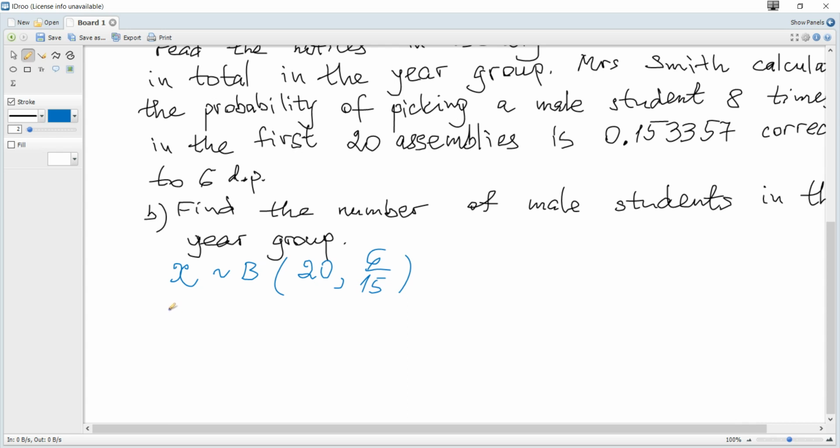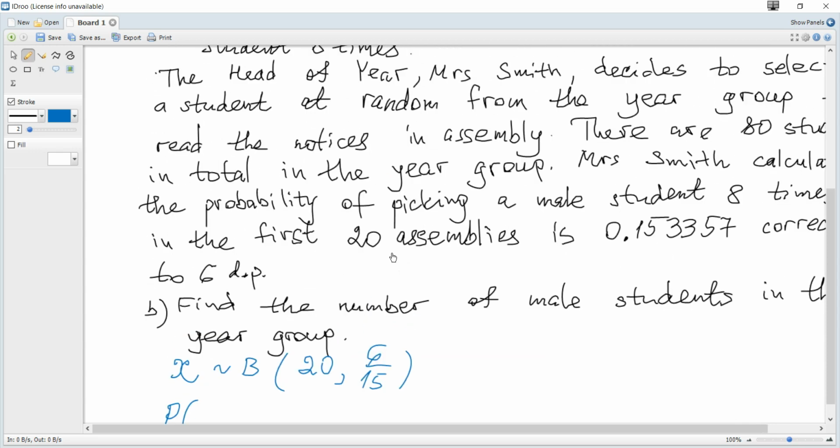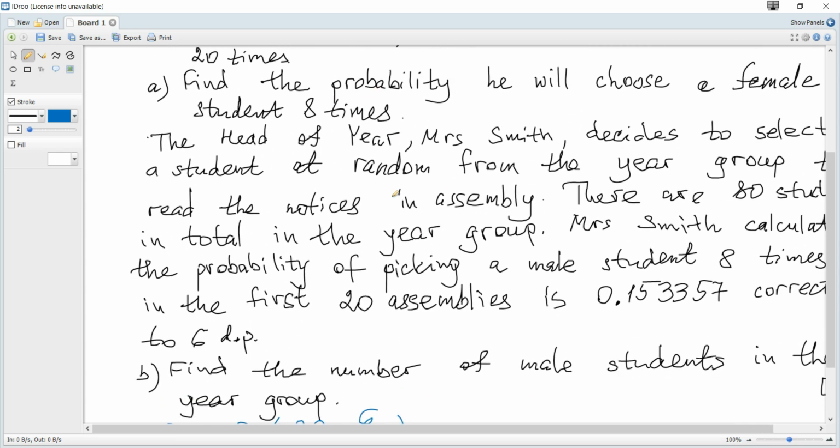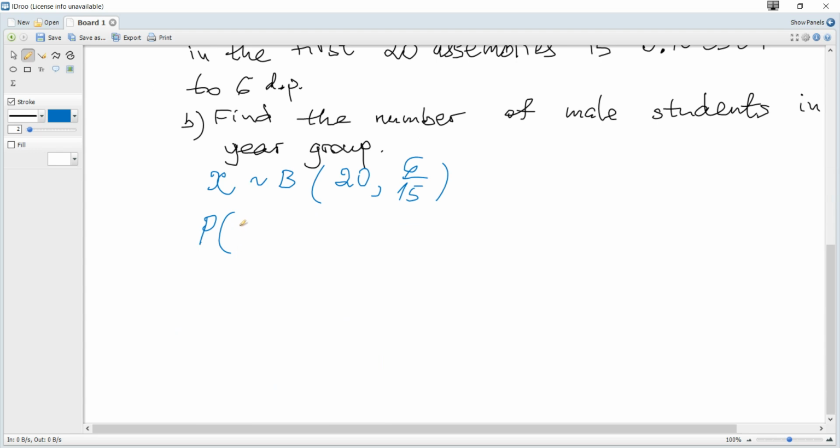And we need the number of female students chosen to be exactly 8. So we just need to calculate the probability that x is 8 when x is distributed binomially with these parameters.